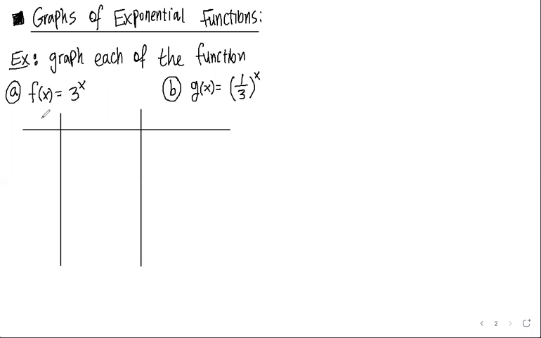I'm going to graph both of the functions at the same time. f of x equals 3 to the x, and g of x equals 1 over 3 to the x. I'm going to use easy numbers, like 0, -1, -2, -3, and on this side positive numbers like 1, 2, 3.